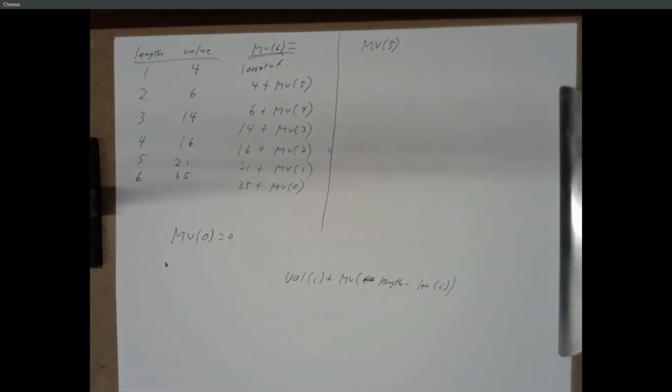So for 5 inches, you get 5 expressions. Why do you say 4, not the 6? Because 4 is, we're cutting that 1 inch off of the 5, so that's what the value of the first thing there is. And then the remaining rods, max val.